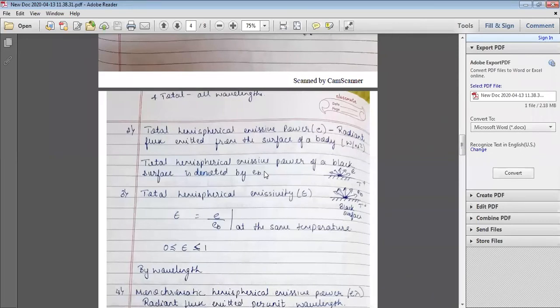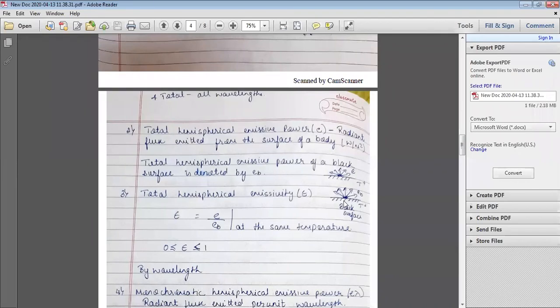Along with this, I have the total hemispherical emissive power of a black surface. It is the maximum emissive power of a surface. Say I consider a black surface emitting rays in the form of a hemisphere, and this radiant flux is the emissive power of this surface.